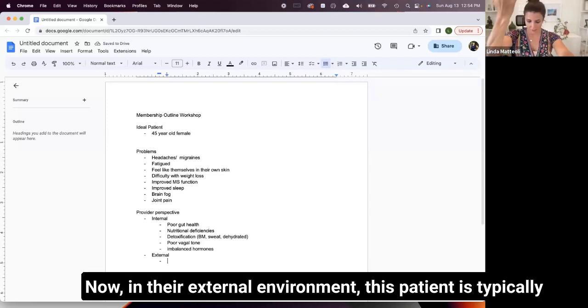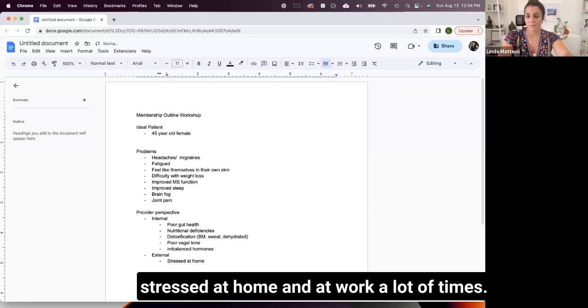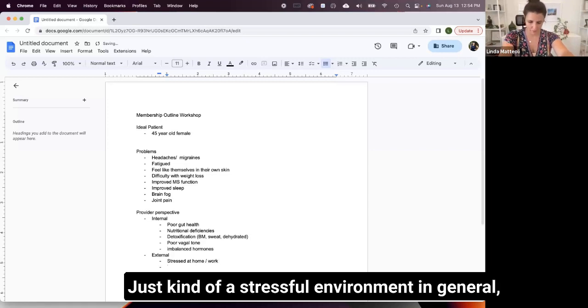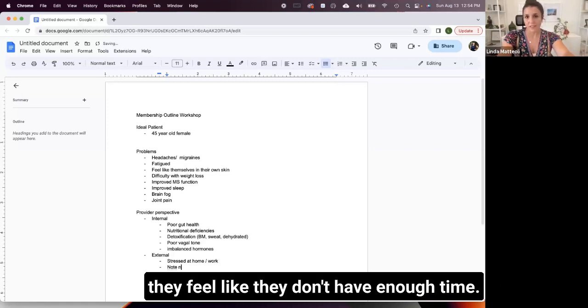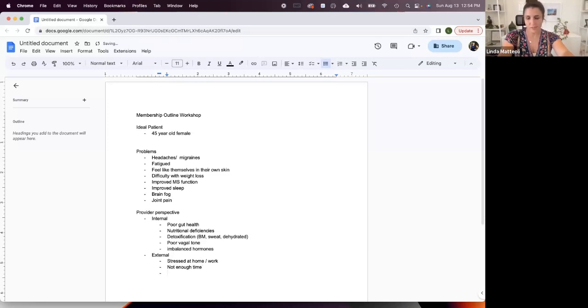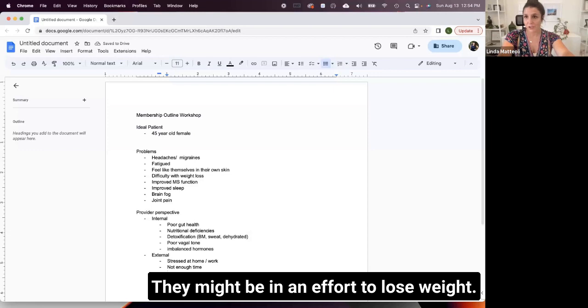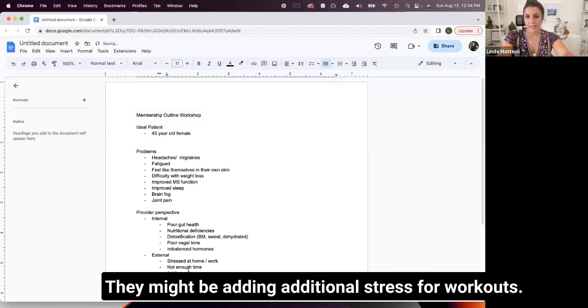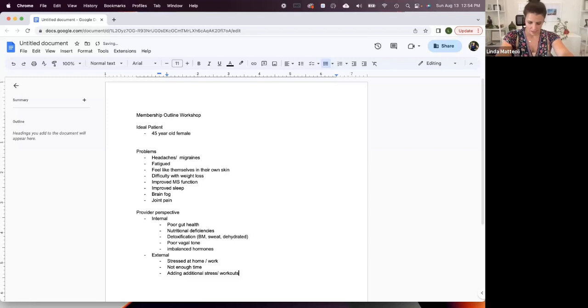Now, in their external environment, this patient is typically stressed at home and at work a lot of times, just kind of a stressful environment in general. They feel like they don't have enough time. In an effort to lose weight, they might be adding additional stress with workouts.